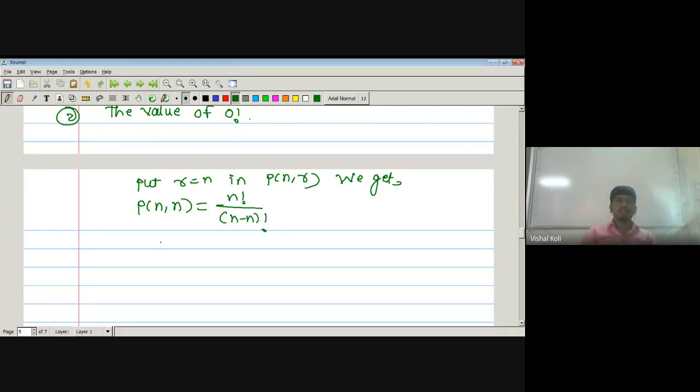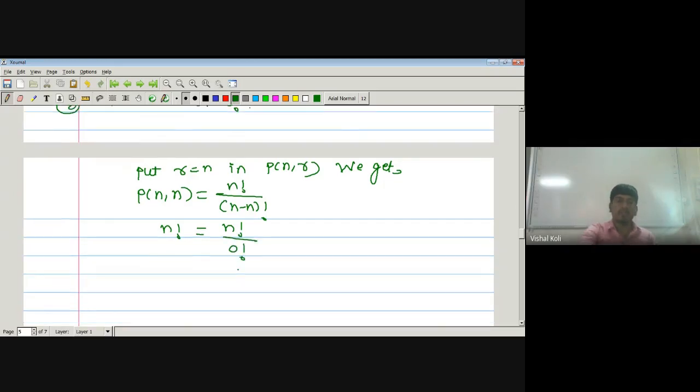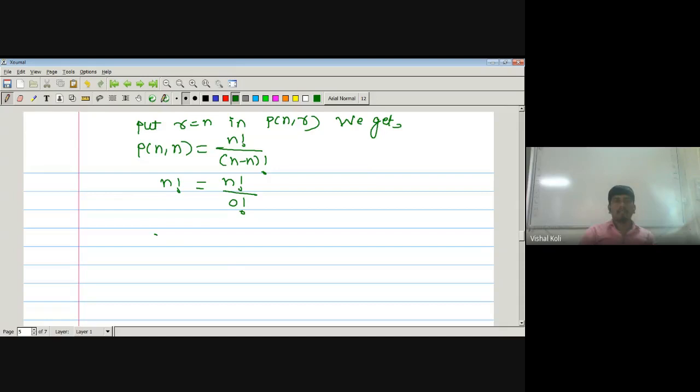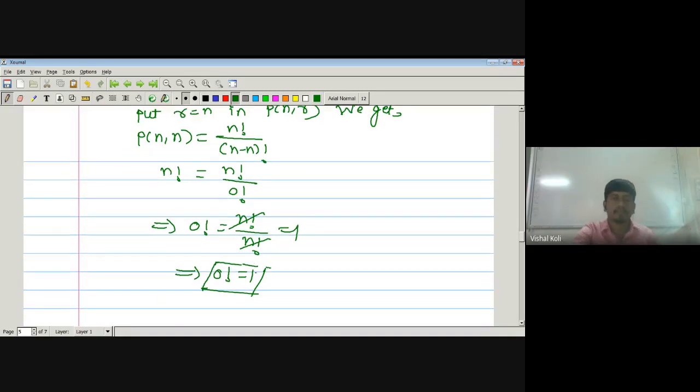But nPn is nothing but n factorial, which is equal to n factorial divided by 0 factorial, which implies 0 factorial is nothing but n factorial divided by n factorial. N factorial gets cancelled, which is equal to 1. So the value of 0 factorial is 1.